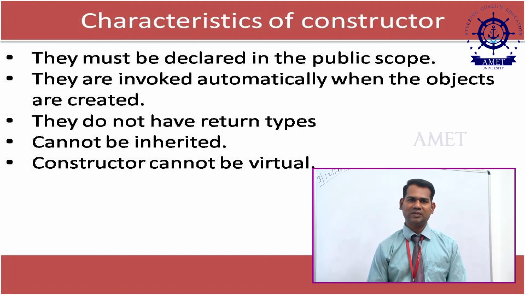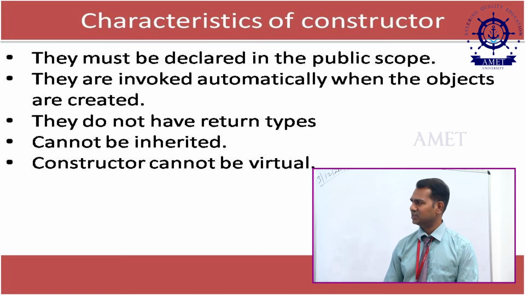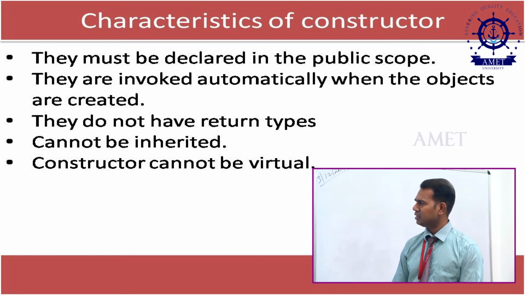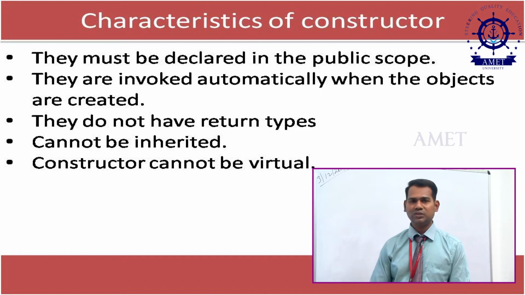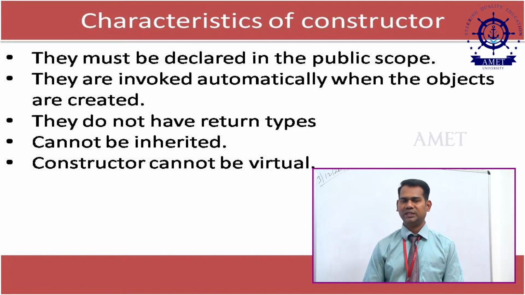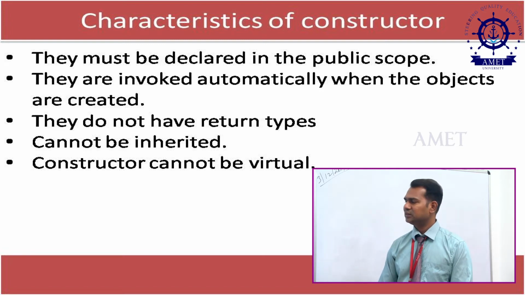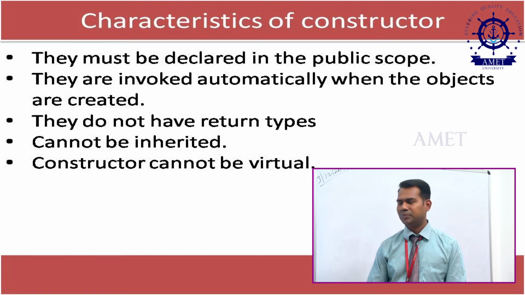So the C++ developers, or OOP programmers, rightly decided that the constructor should always be under the public access specifier. So they are invoked automatically when the objects are created. That is why it is called automatic initialization of an object. The object itself calls it automatically, they do not have any return type, and a constructor cannot be inherited.